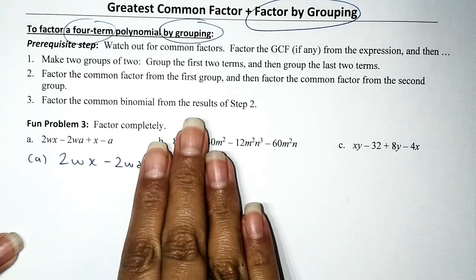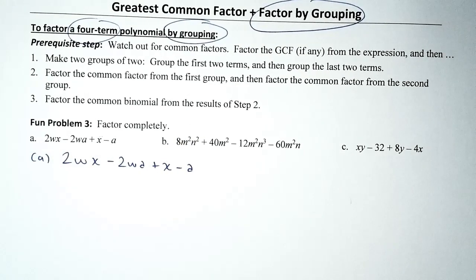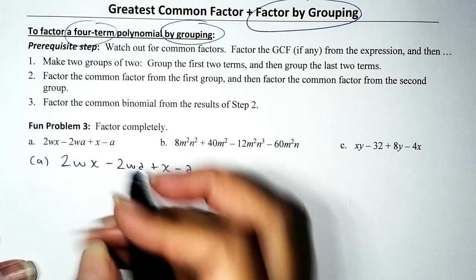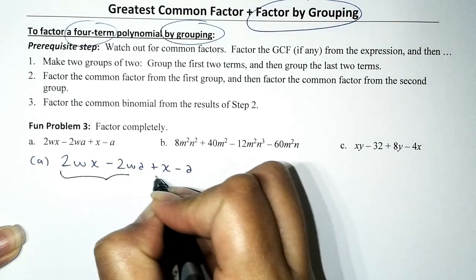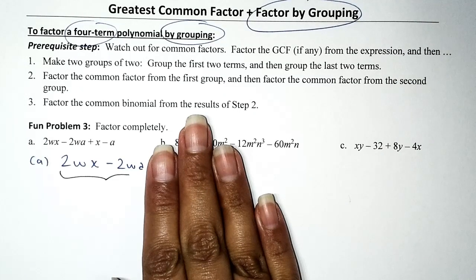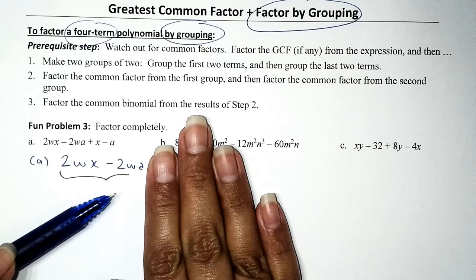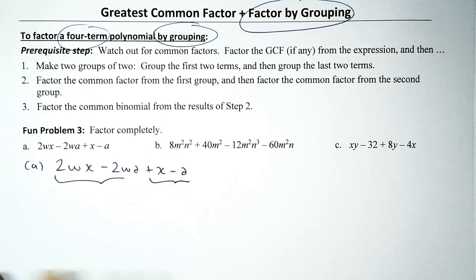So we're going to group the first 2 terms, group the last 2 terms, and then take it from there. Okay. So step number 1, make your groups of 2. Group your first 2, group the last 2, and then factor out the GCF from each group. Okay. So from the first group, what is the greatest common factor? 2wx and 2wa have some things in common. They have a 2 in common.